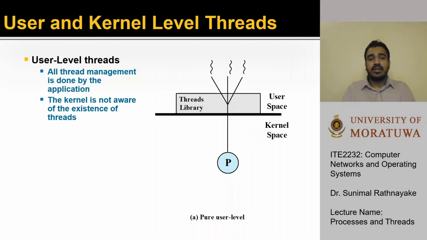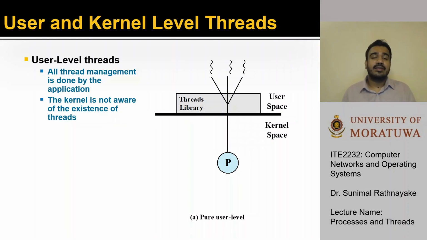This kernel level thread is the actual one that is executing on the processor. So all these threads at the user space have to take turns being associated with the kernel thread. Right? So the kernel is not really aware of the existence of the user space threads.